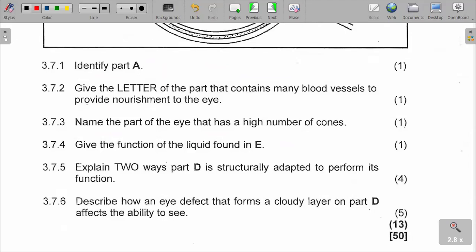Those are some of the questions that we need to understand. And then there is a question: explain the effect on the reflex action if the myelin sheath is damaged.